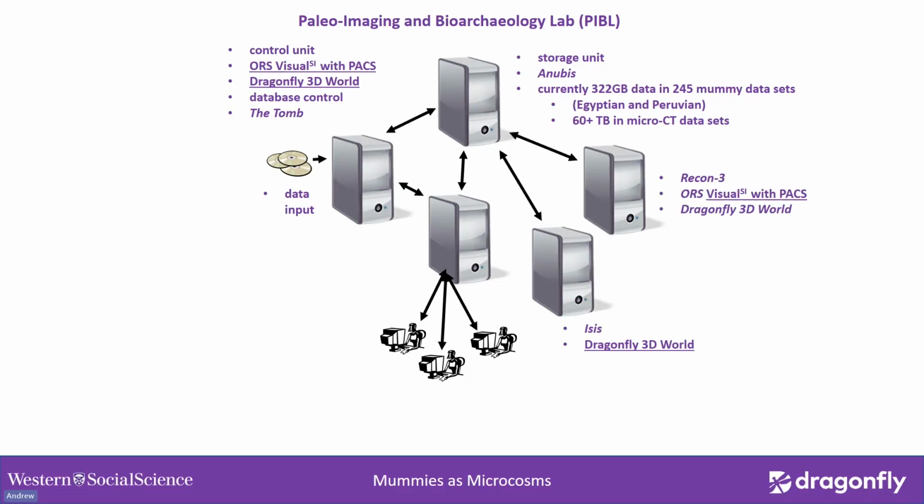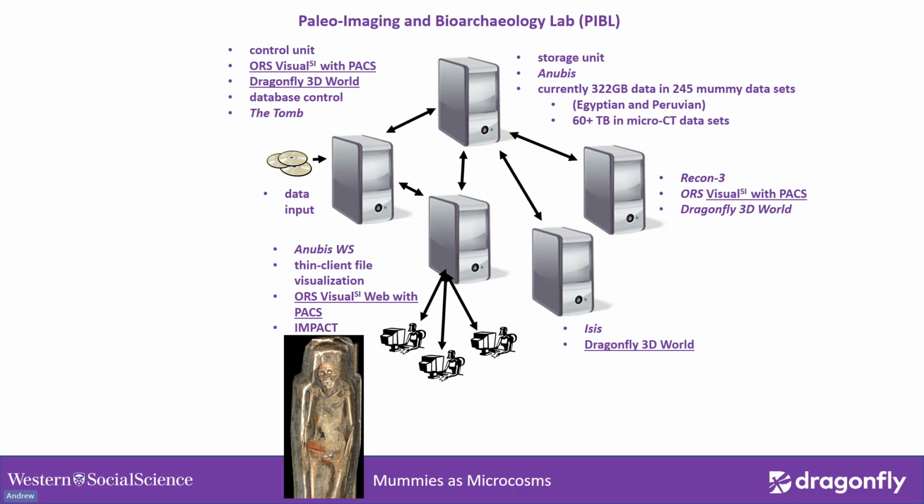I've got two computers that just draw from Anubis to do processing. So I've got one that's got ORS Visual and Dragonfly 3D World. Another one called ISIS, which is my newest computer, just has Dragonfly 3D World, and so most of the students use those computers to access the data.